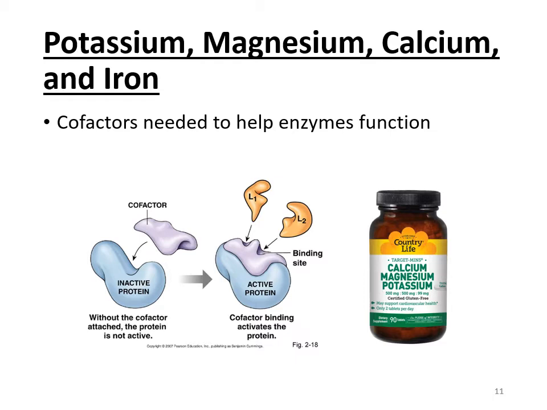Think of a factory with metals and minerals, okay? So these are inorganics that help activate enzymes. Enzymes would not function without them. Okay, what was the other word that we learned with this? Cofactors are inorganic, and coenzymes, which are vitamins, are organic. Okay, both are needed to help enzymes function.